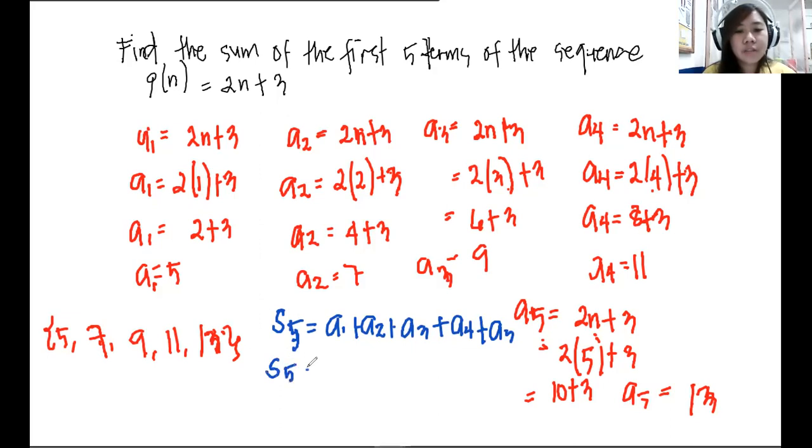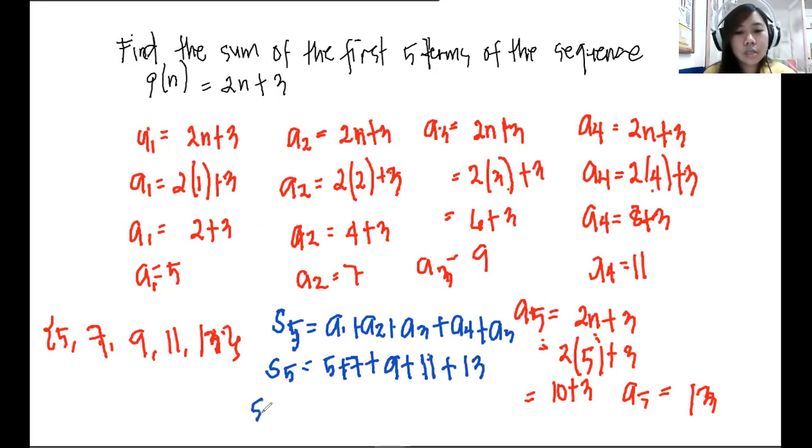Substitute the value of the terms. We have 5 plus 7 plus 9 plus 11 plus 13.